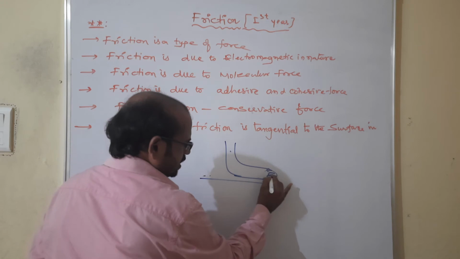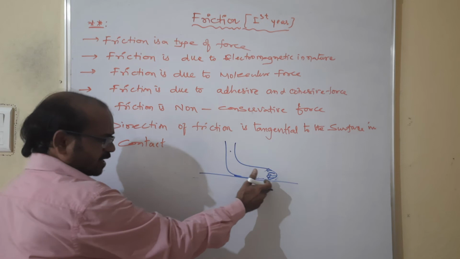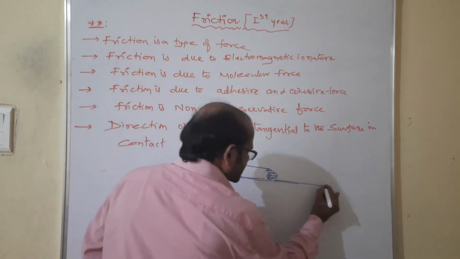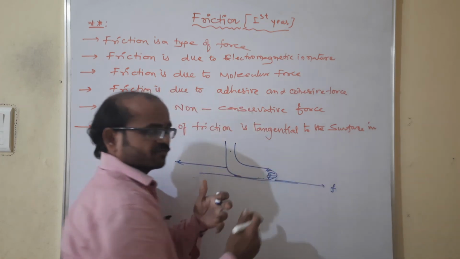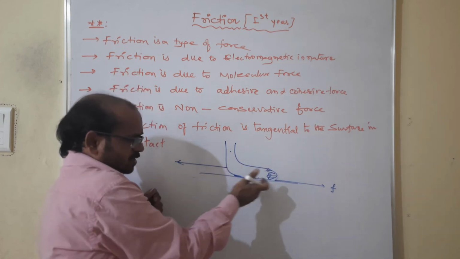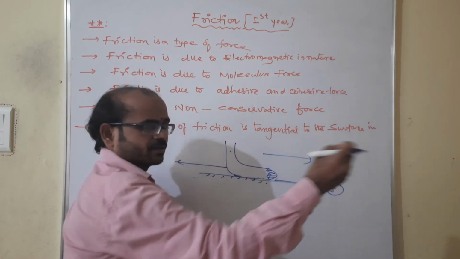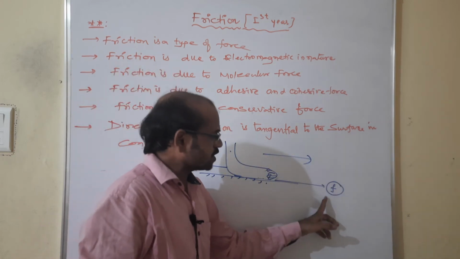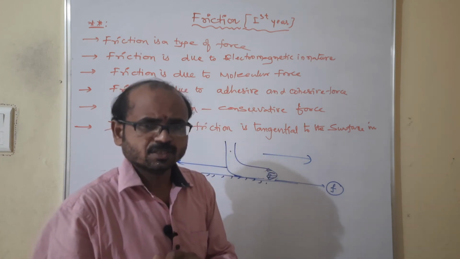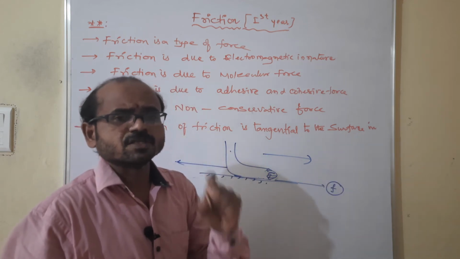Our leg presses the road, so the leg moves in the backward direction, and the frictional force acts along the direction of motion of the man walking. Since the leg is pressing back, there is a frictional force along the direction the man is moving. So frictional force sometimes supports and sometimes opposes. It supports us because we are walking on the road without slipping.